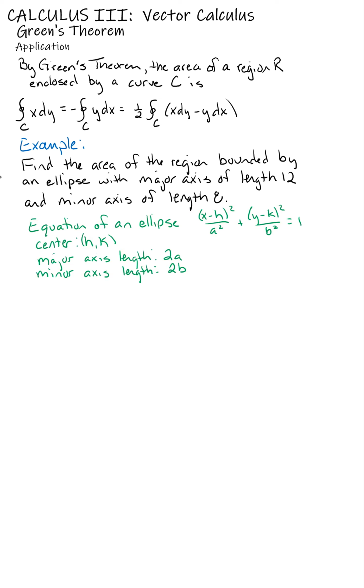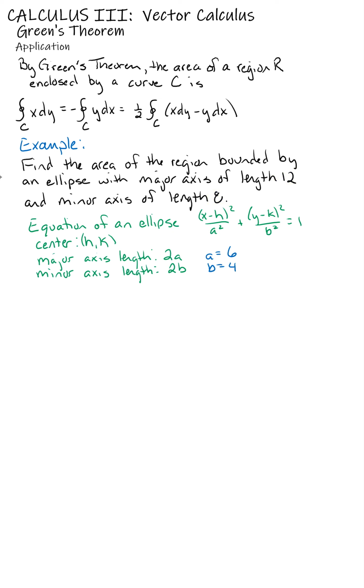Knowing that our major axis is length 12 and our minor axis has a length of 8, we can deduce for this particular situation that a is equal to 6 and b is equal to 4.